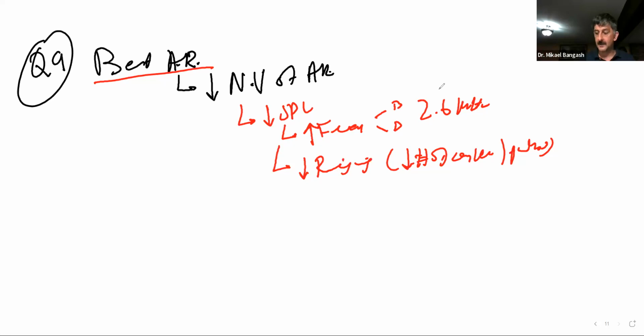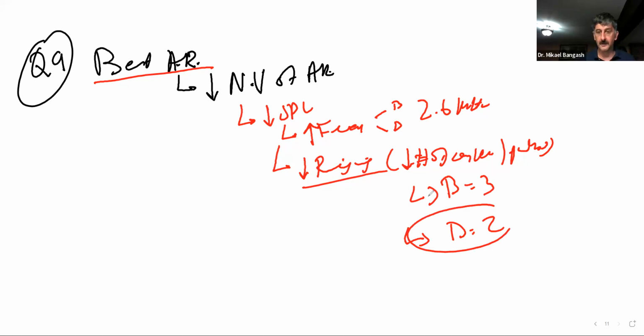Clear? And then we just have to look at which between B and D has the lower number of cycles, because that means less ringing, right? B has 3 and D, as in donut, has 2. So this will be the one with less ringing amongst these two.